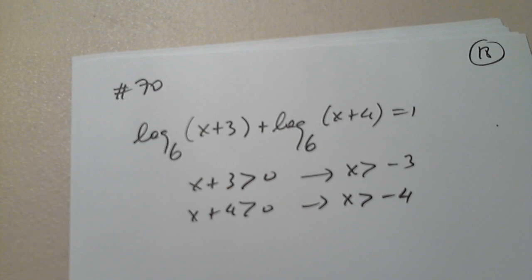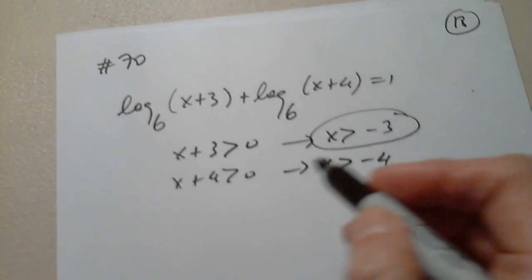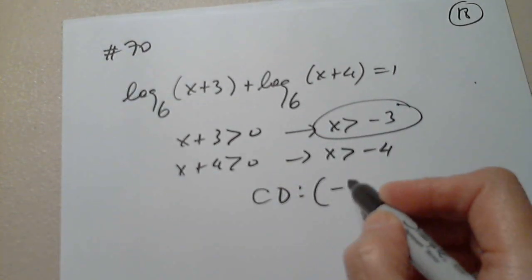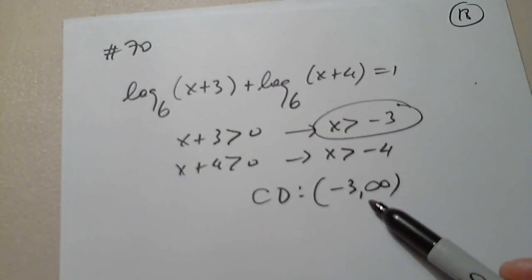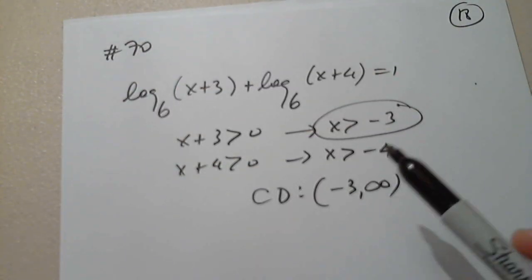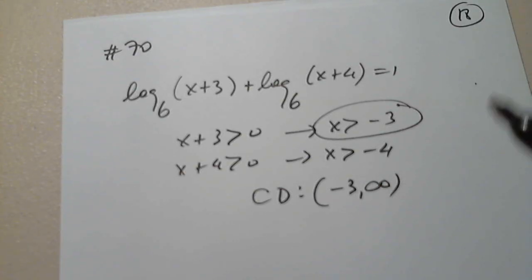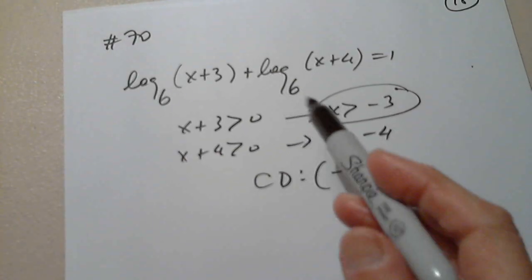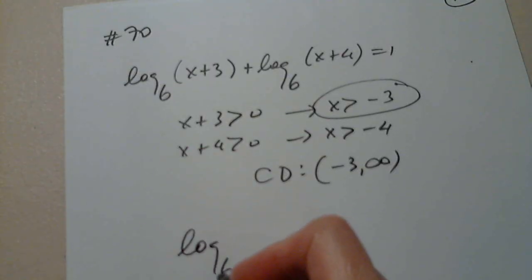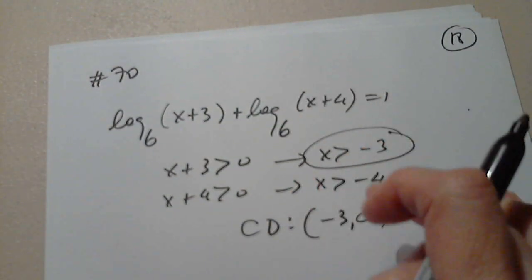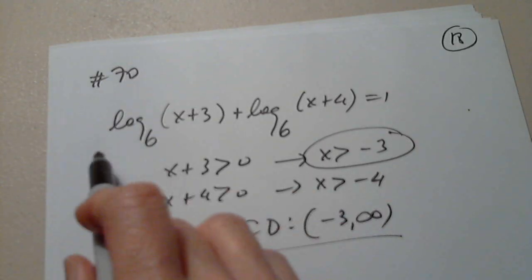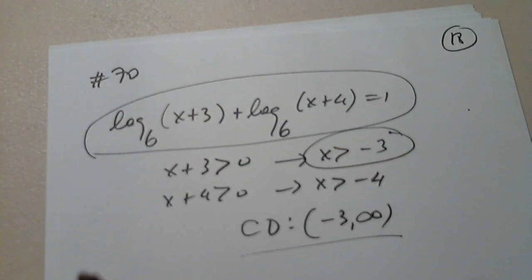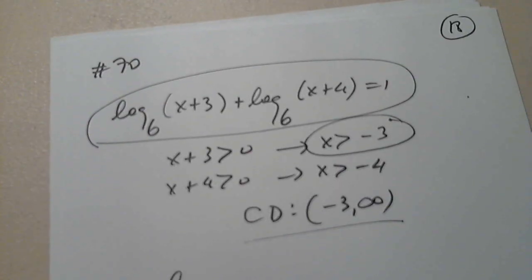Negative 4, negative 3, so I have to choose this. So then the common domain is negative 3 to infinity. If when I'm done, I don't find a number between negative 3 and infinity, then the equation has no solutions. So I will condense. Do not state a domain on the condensed form. The domain or the common domain has to be stated on the raw equation.